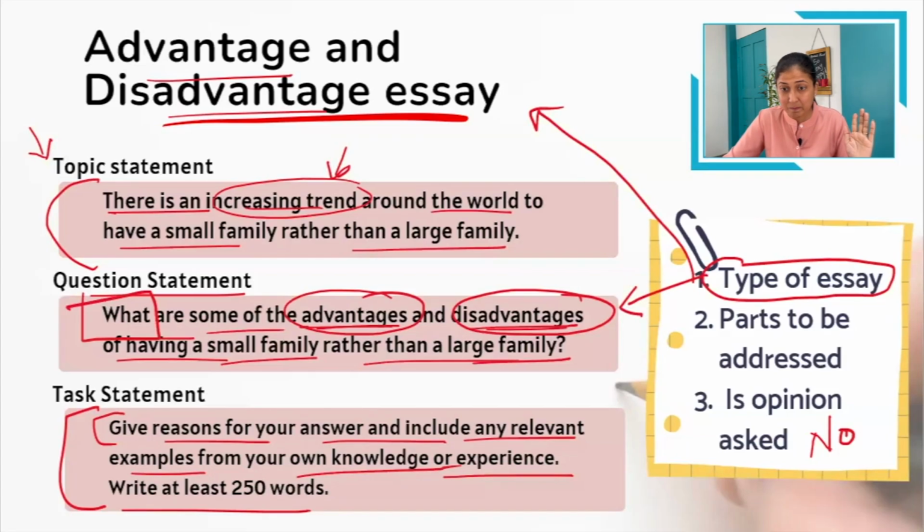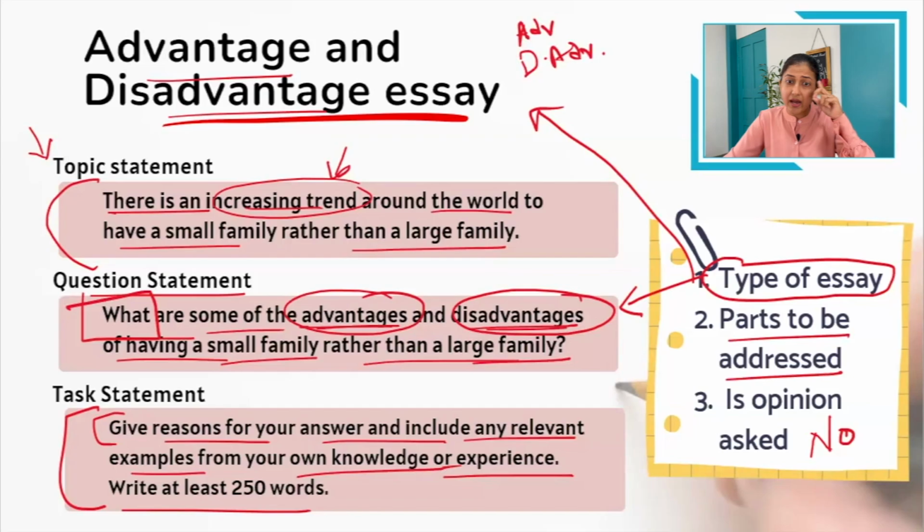So, to identify the type of essay, we look at the question statement. Now, to identify the parts to be addressed, very clearly I have to state some advantages and also some disadvantages.